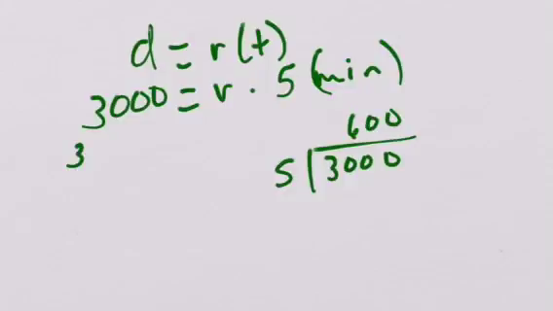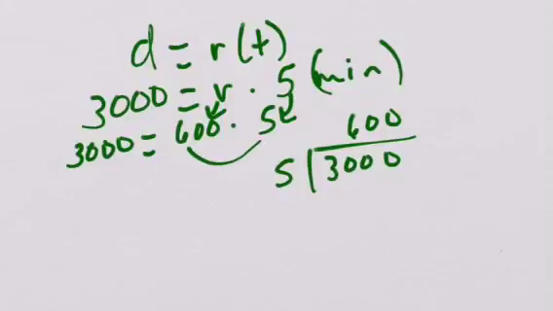And so 3,000 equals 600 times 5. 600 is the R. T is the 5. We don't have to solve it at the moment, because 600 times 5 is 3,000. Okay? So that's how you do a distance, rate, and time problem.